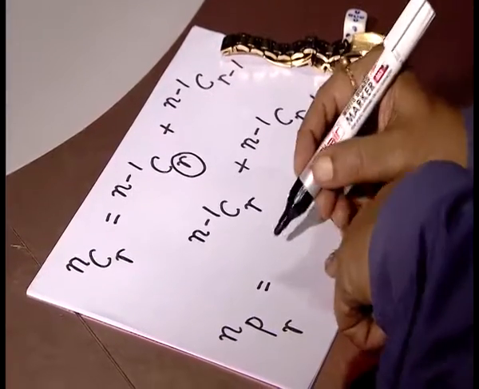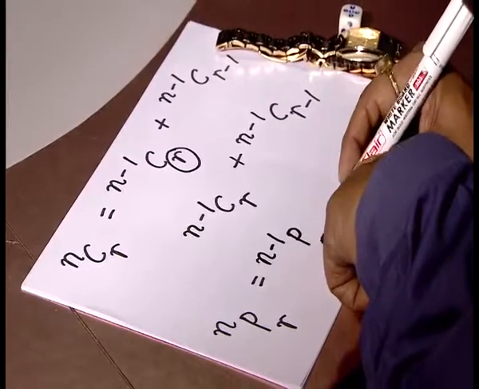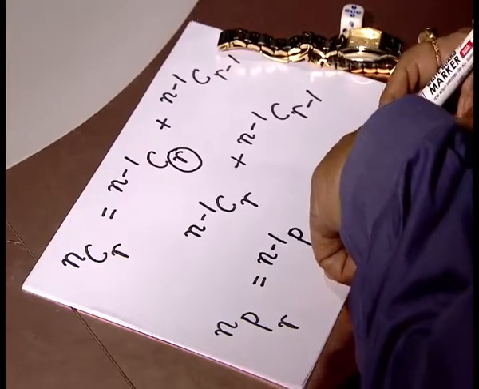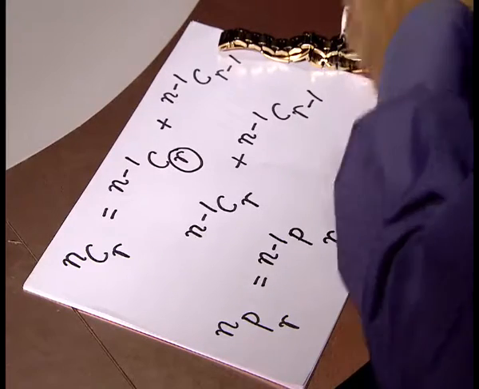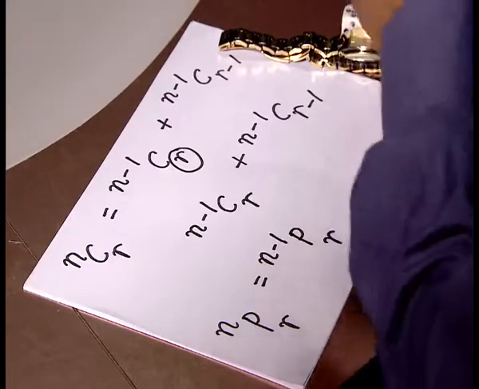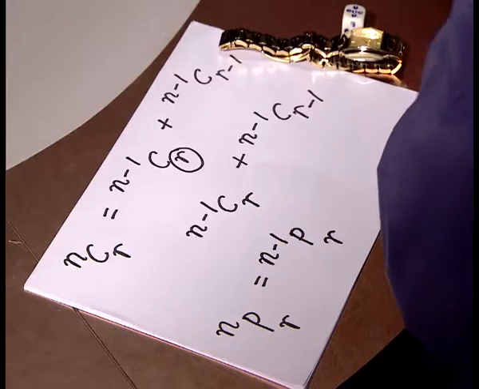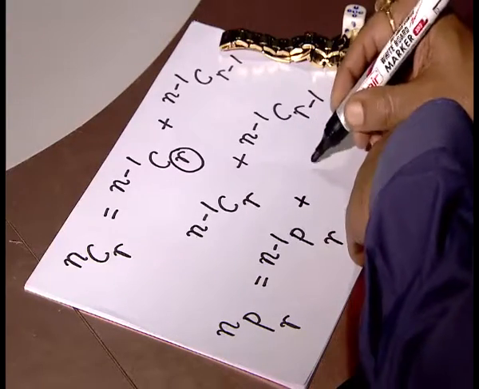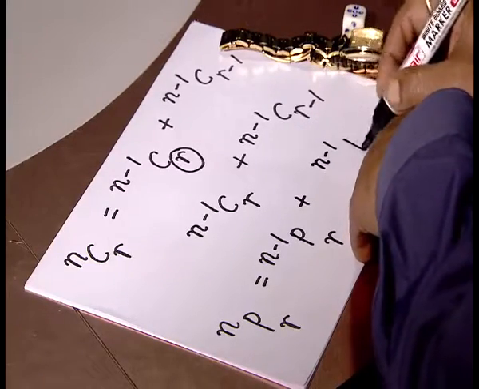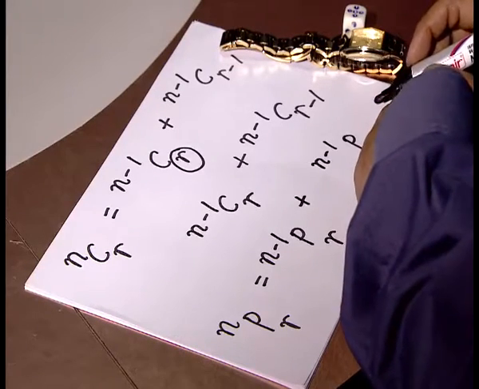So, if one particular thing is not there, the number of permutations would be n minus 1 Pr, and if that one particular thing is always there, then you keep that one particular thing and select the remaining r minus 1 things from n minus 1 things, and that would be n minus 1 P r minus 1. But here is a catch.